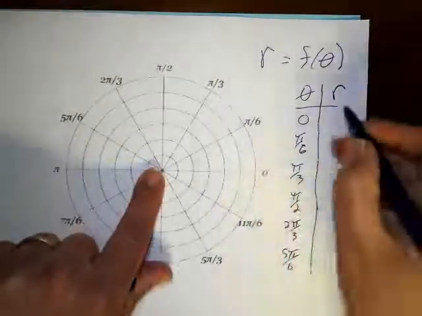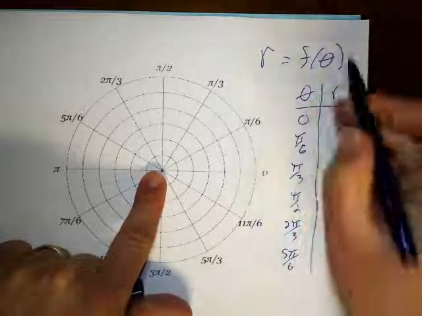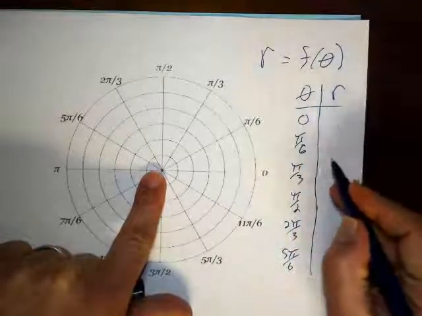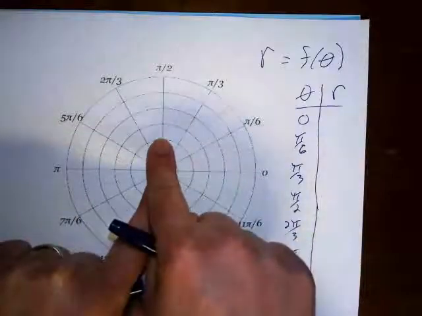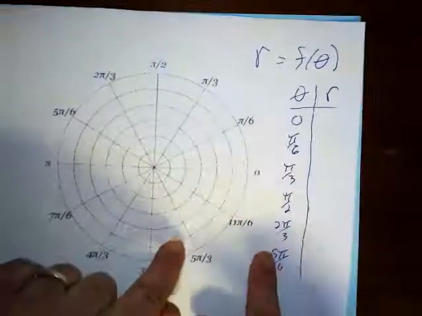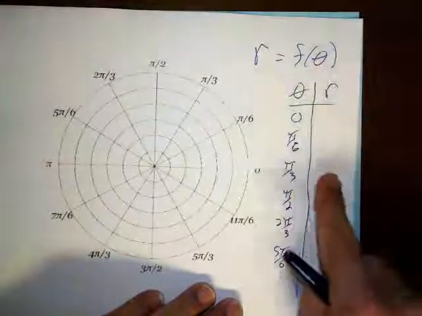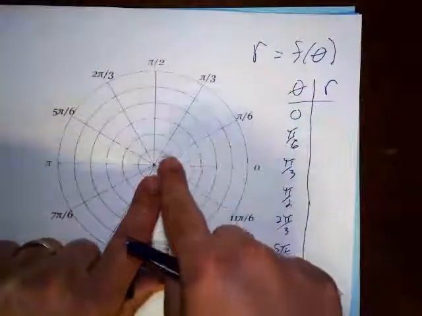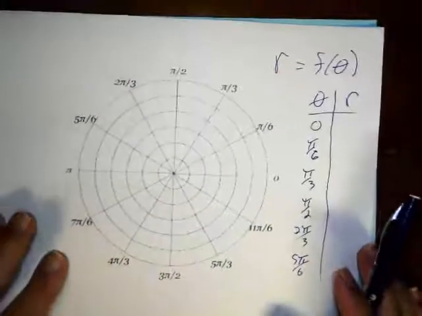Then you would plug each angle into your function, calculate r, and write r down for each of these. For each angle, you'd be putting a point wherever the formula gave you r, and then it would trace out the graph.